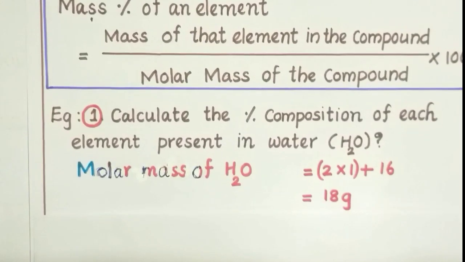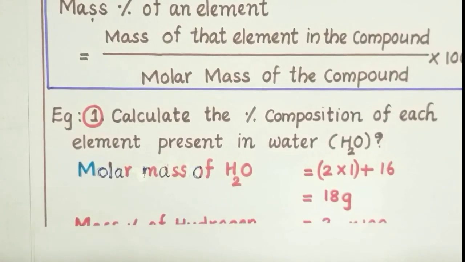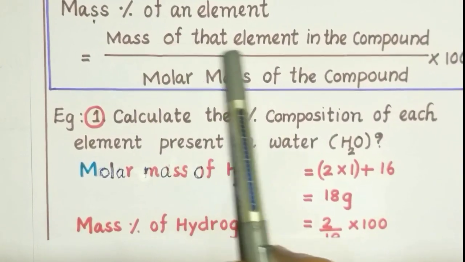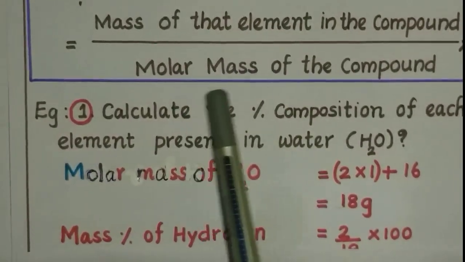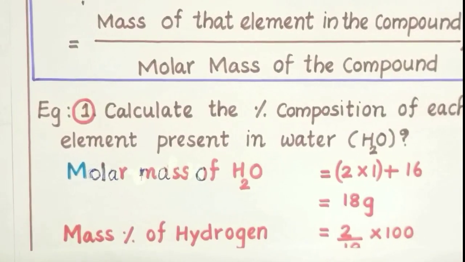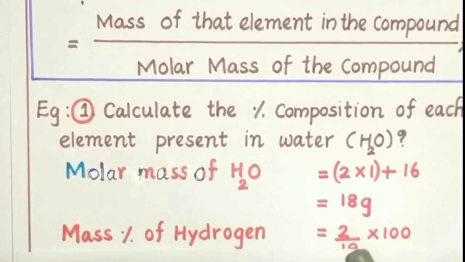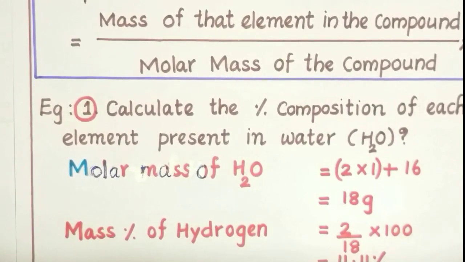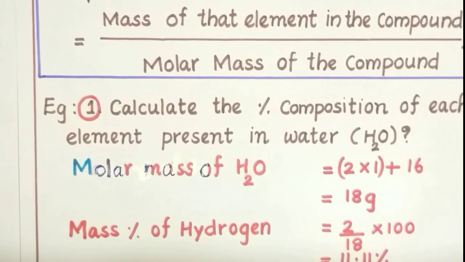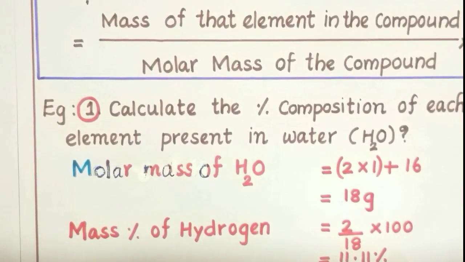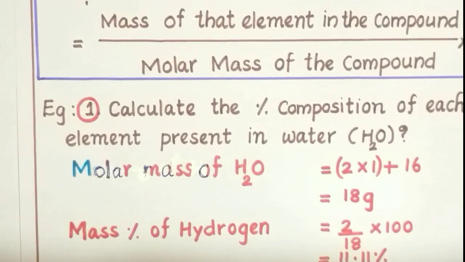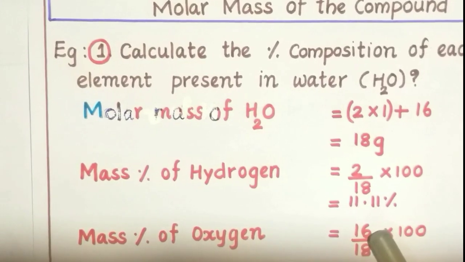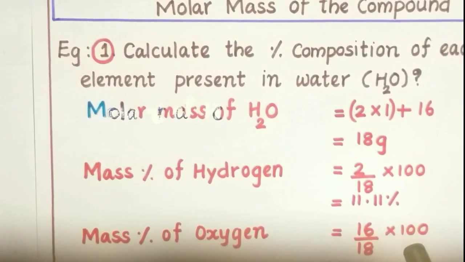Then, next step, the mass percentage of hydrogen. Mass percentage is equal to mass of the element divided by molar mass into 100. So, substituting the values, mass of hydrogen is 2, divided by 18, into 100, which is equal to 11.11 percentage. The next element is oxygen. Mass percentage of oxygen is equal to mass of oxygen divided by molar mass into 100.